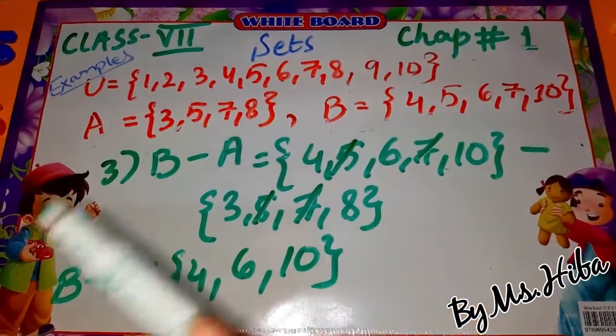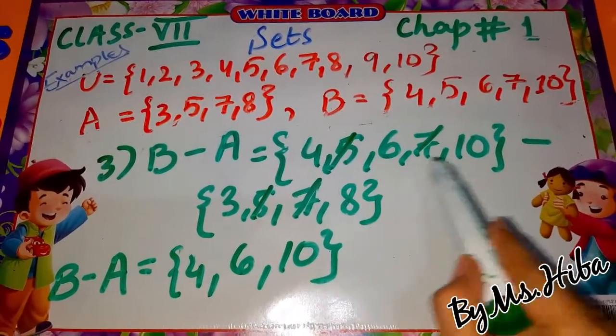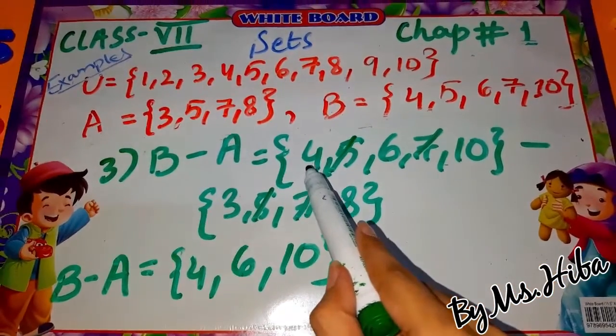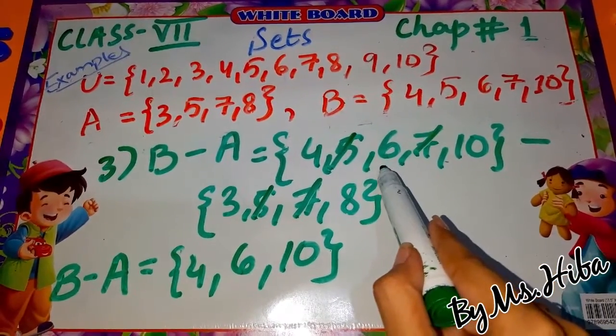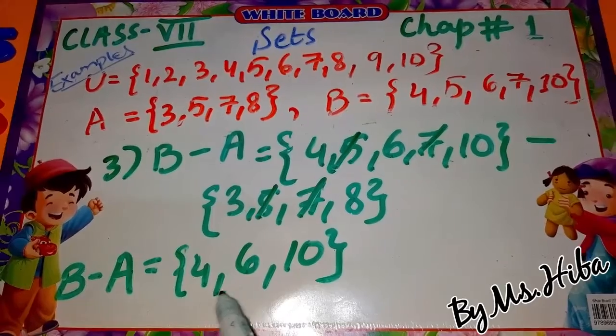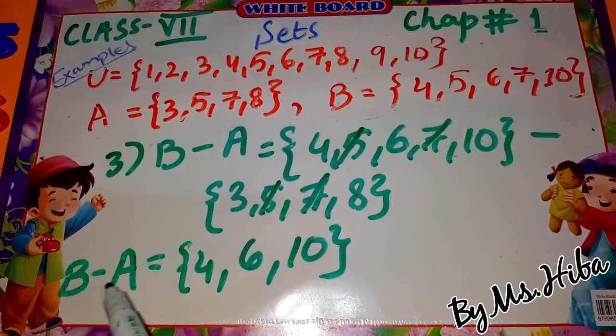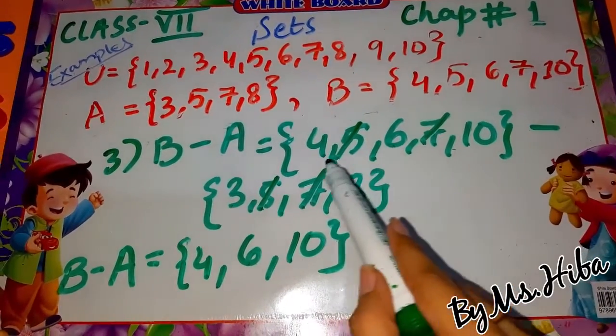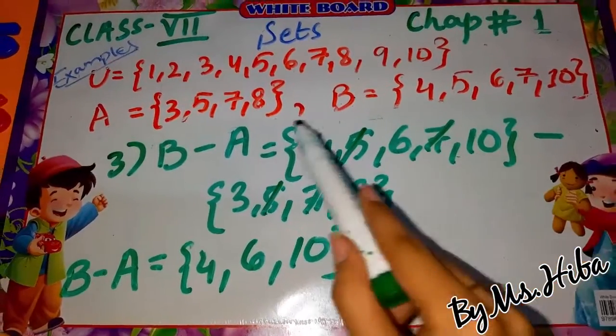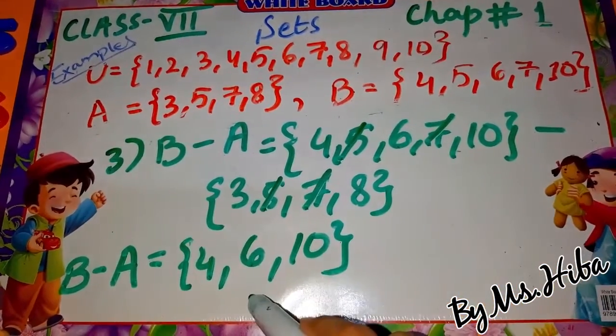As we did in the previous example, we take only the first set, so 4, 6 and 10 will be the answer of B difference A, because we take only the first set's elements for the answer.